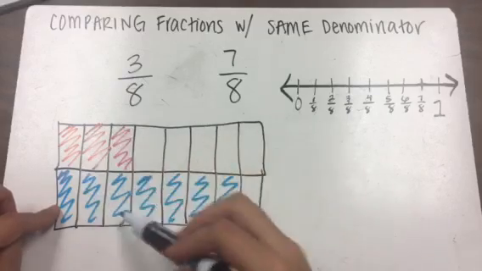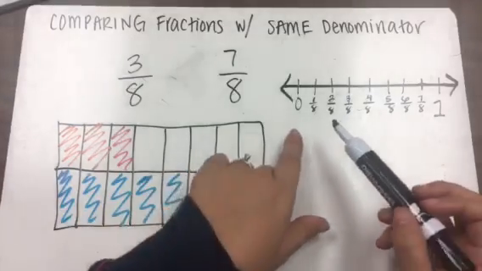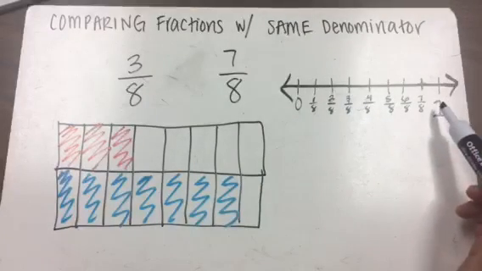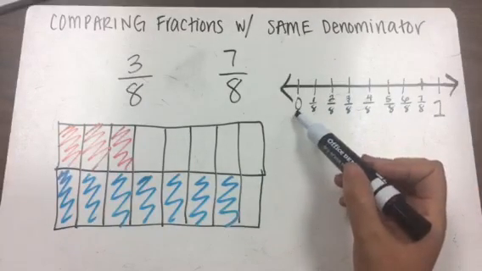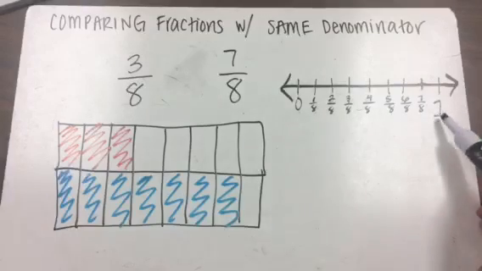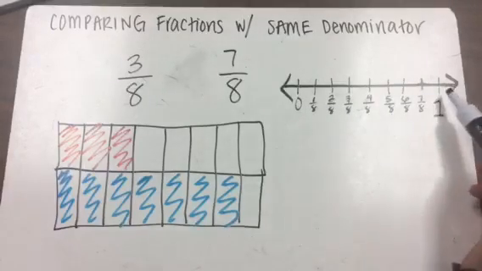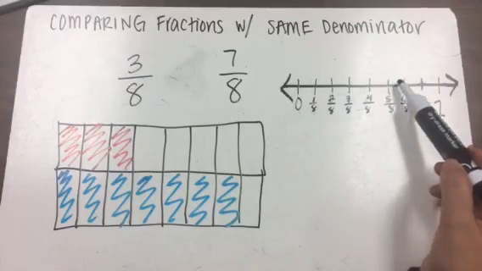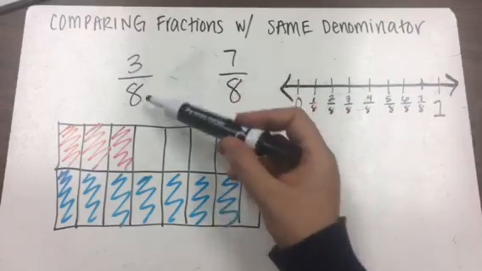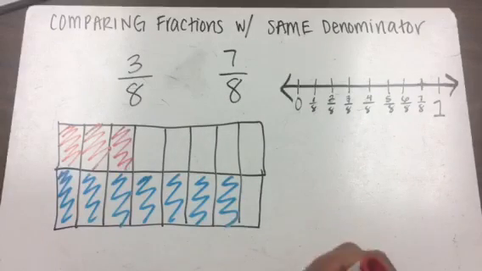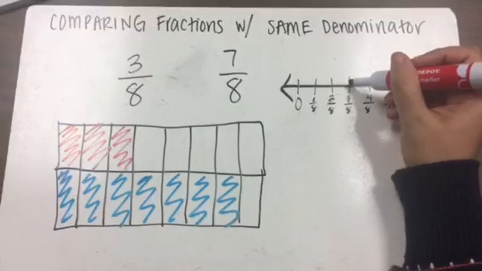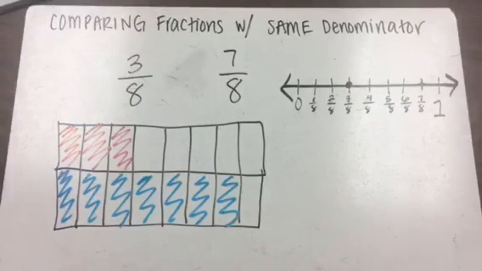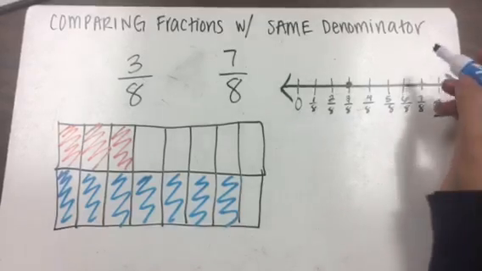So you can draw a picture. You can also use a number line like the one I have here, and we have 0 and 1 whole, and we have the number line divided into 8 sections, 1, 2, 3, 4, 5, 6, 7, 8. So 3/8 would be here, and 7/8 would be here.